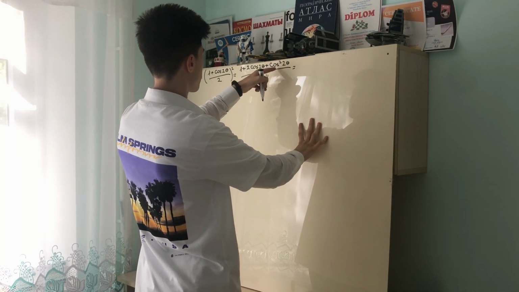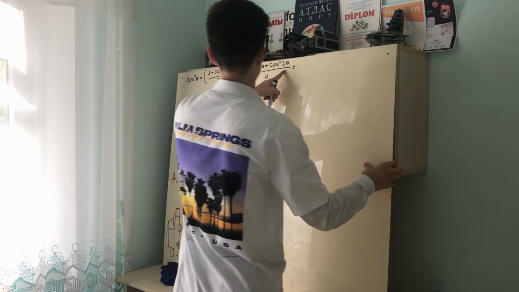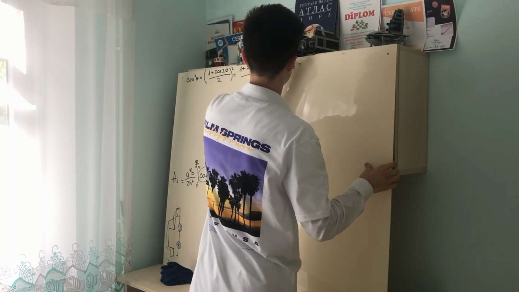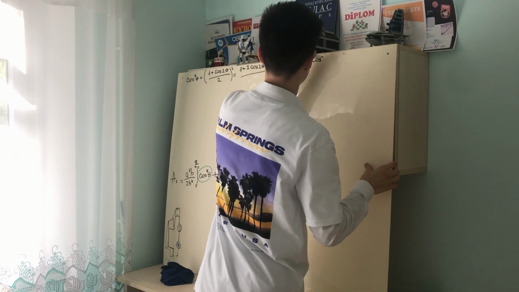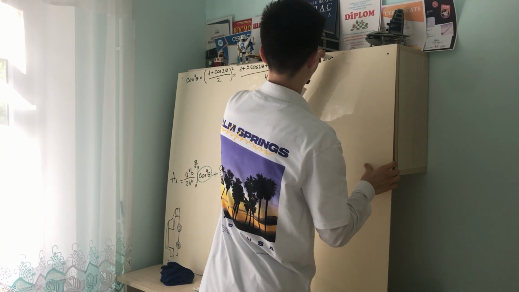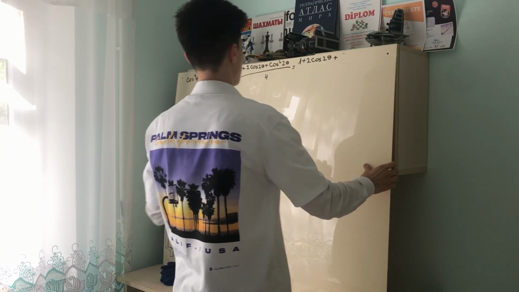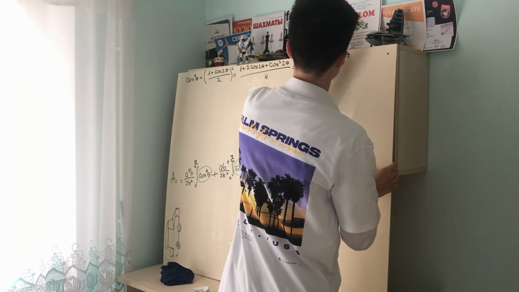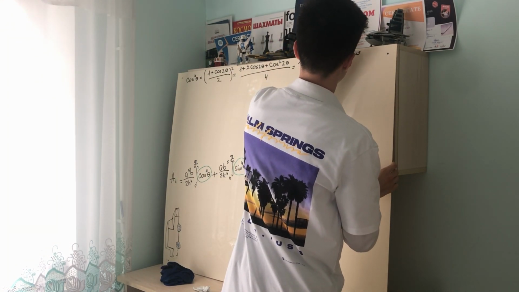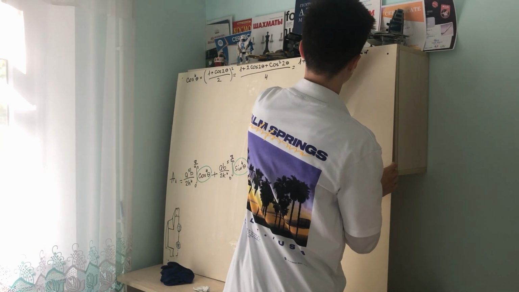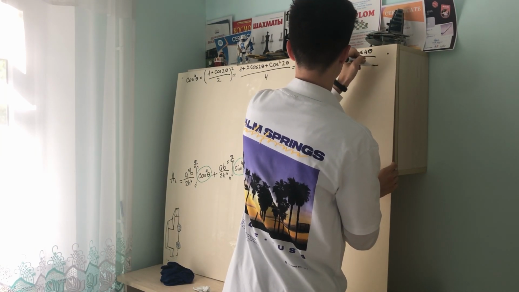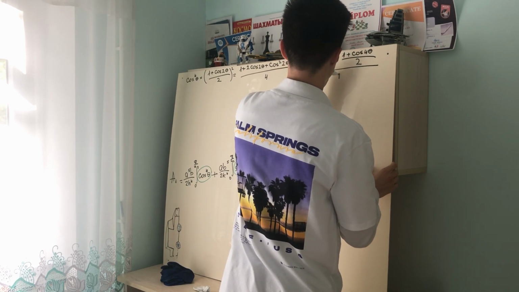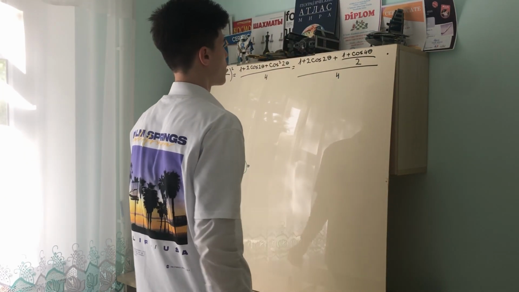We can write cosine squared 2 theta as 1 plus cosine 4 theta over 2, and this is over 4.